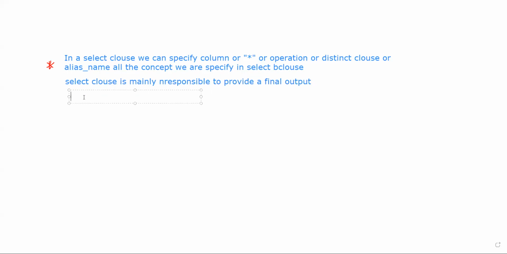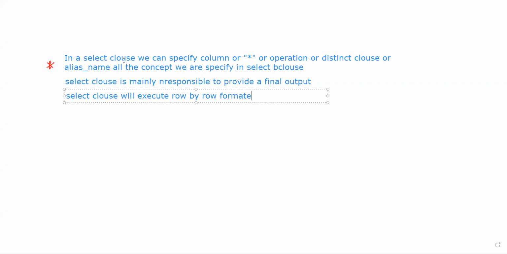One more characteristic is there. Select clause will execute in row by row format. Okay, there are three characteristics in select clause. Guys, understood or not?